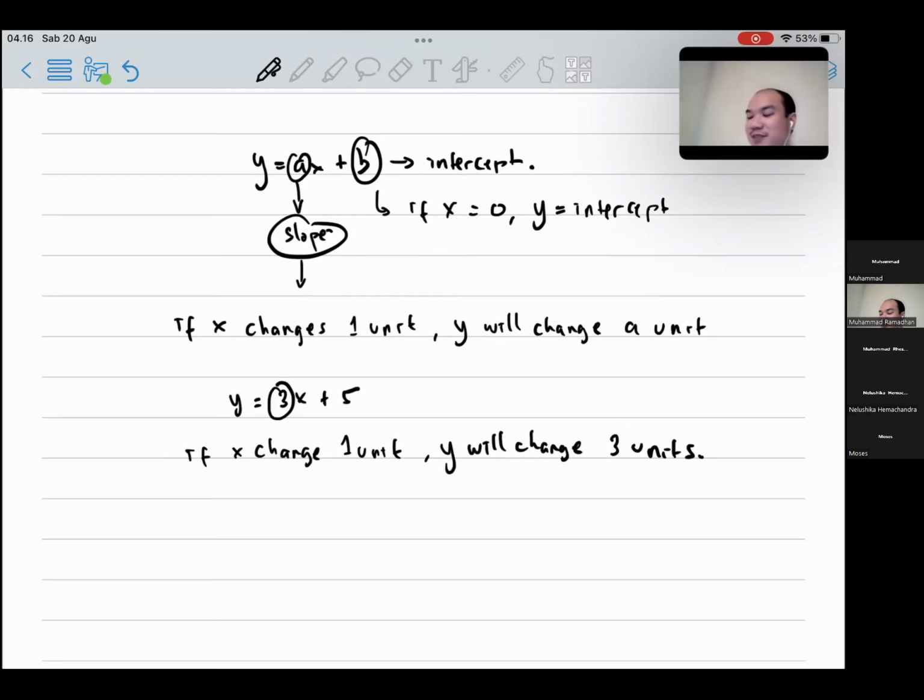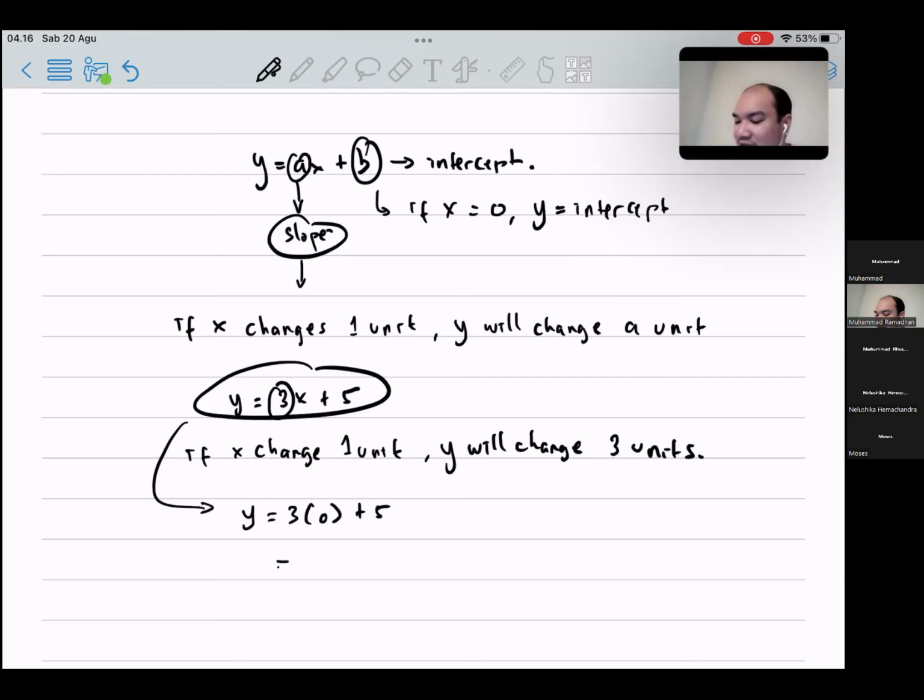If you have y equal to 3x plus 5 and you put 0 into x, you will get y is 5, which is the intercept. Okay, this is a basic concept of linear equations.